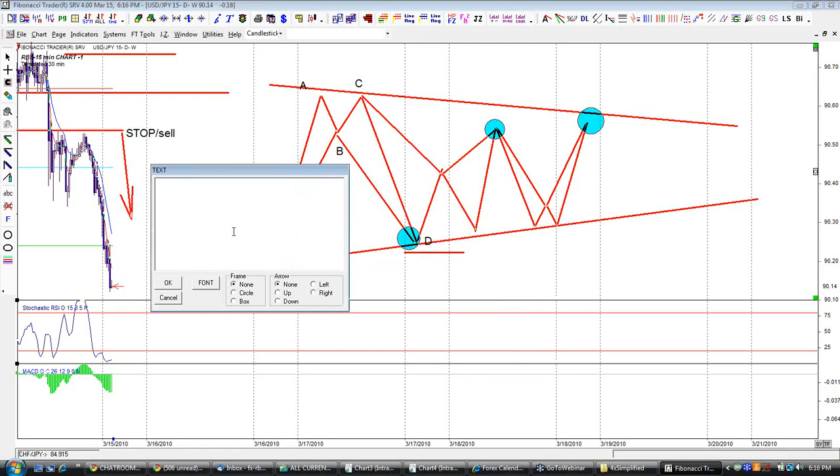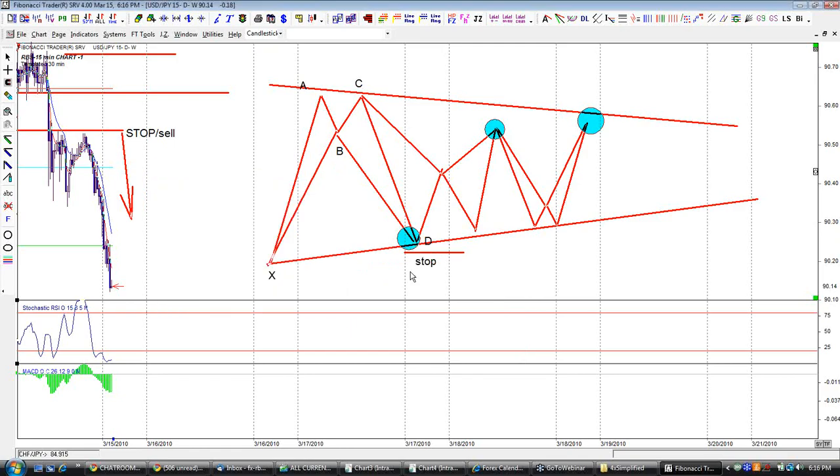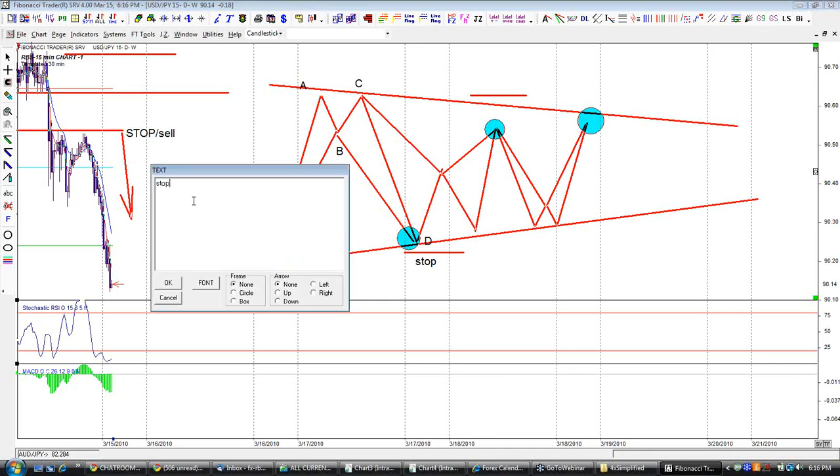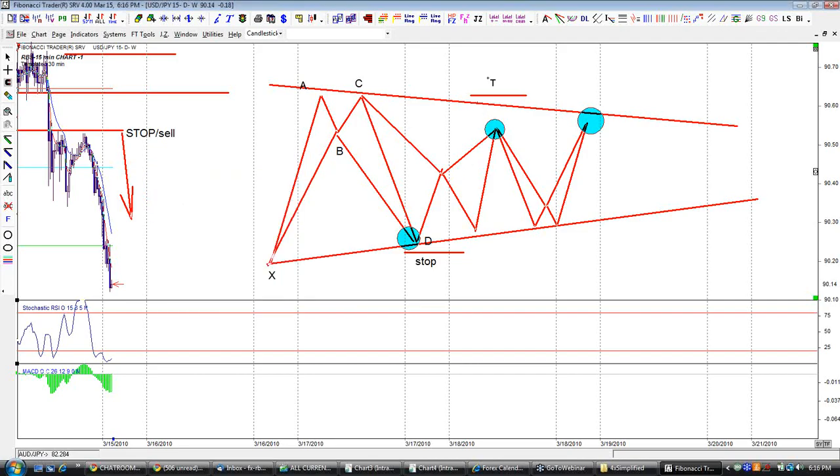So here I will place my stop. On the bearish one, I'll place it again above the trend line. Above the trend line, always.